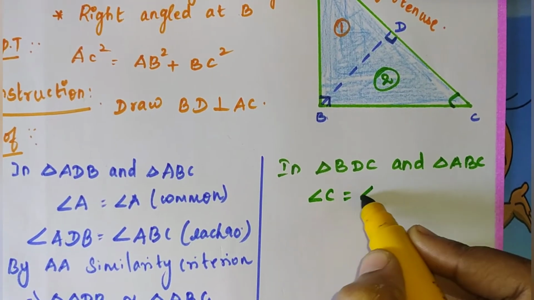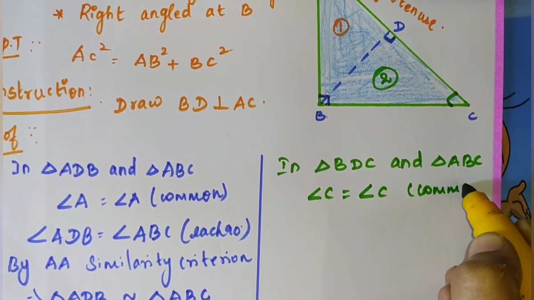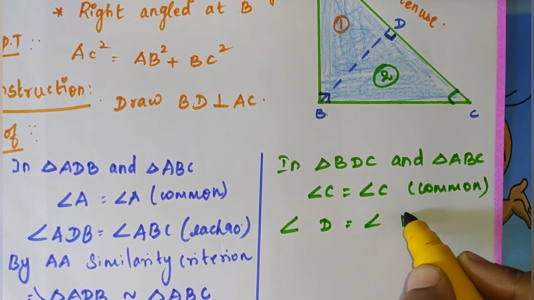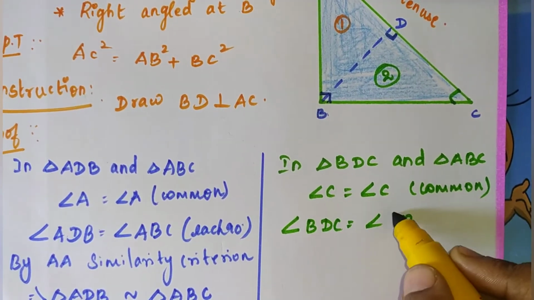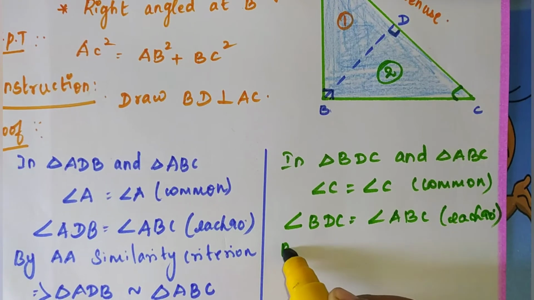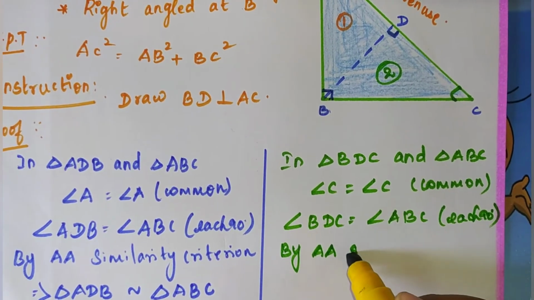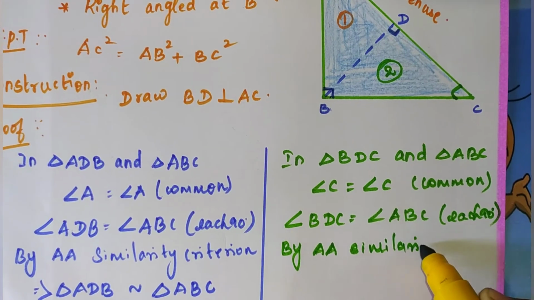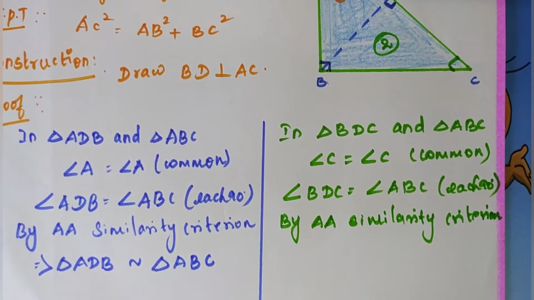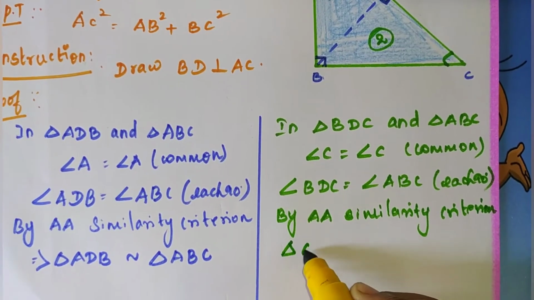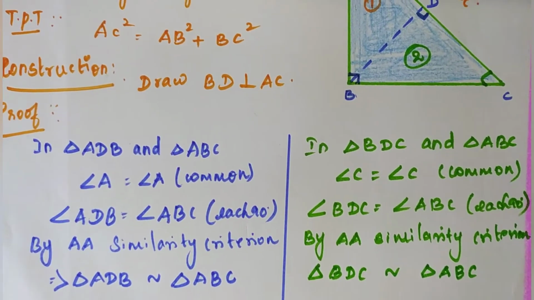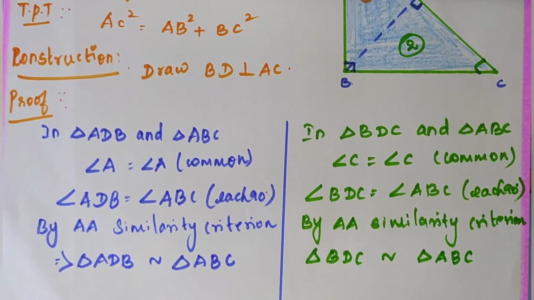So angle C is equal to angle C, that is common, and angle D is equal to angle B, each 90 degrees. By AA similarity criteria, triangle BDC is similar to triangle ABC. So we proved that the triangles are similar.